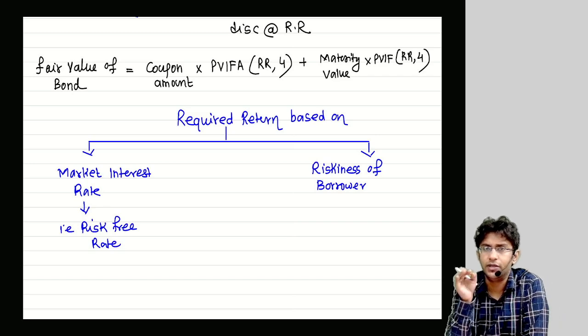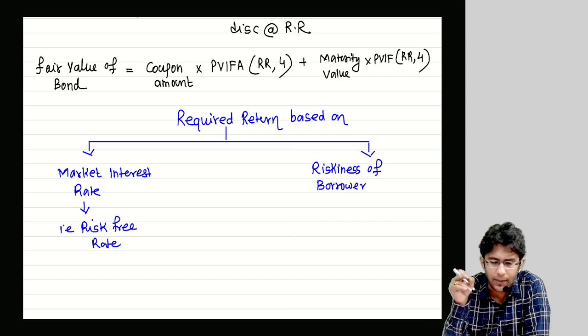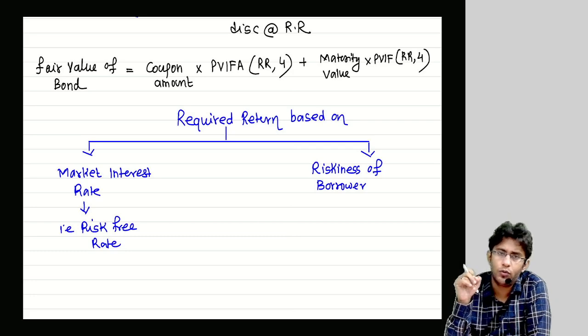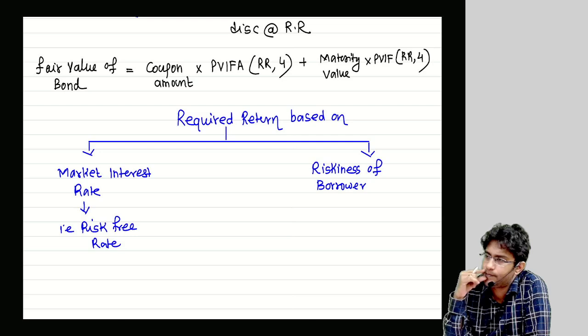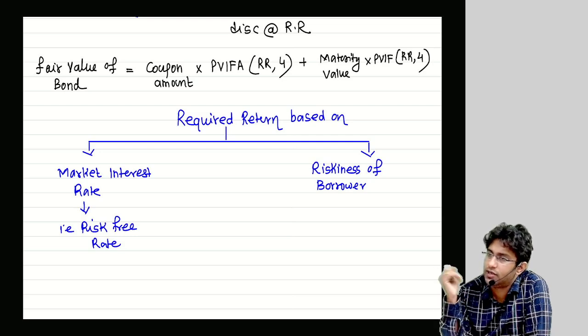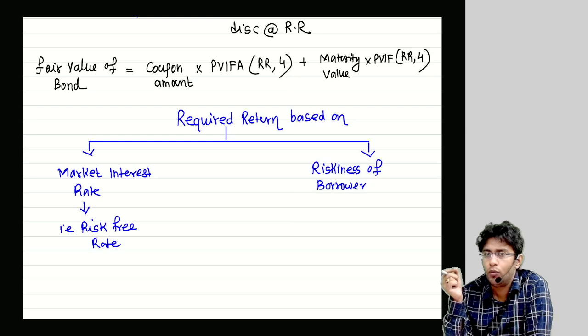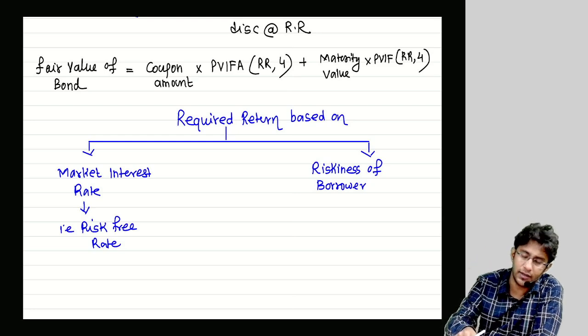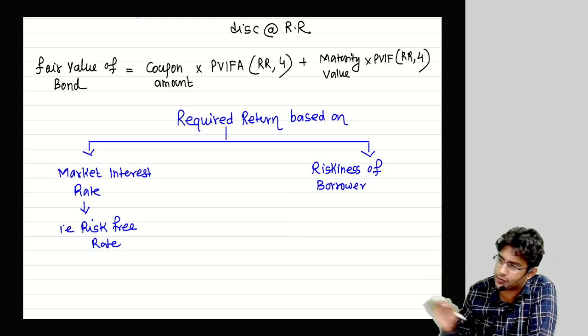Sir, Reliance company is issuing bonds. You went and purchased that. So who is the investor, who is the borrower there? You are the investor because you are paying money. Who is taking money? Reliance. So Reliance is the borrower. Now, depending on how risky the borrower is, you want some extra return also.